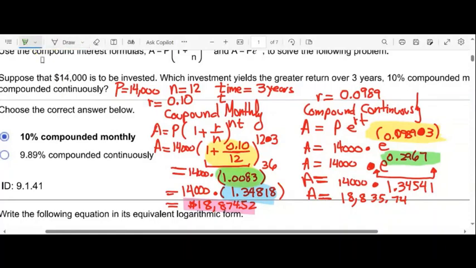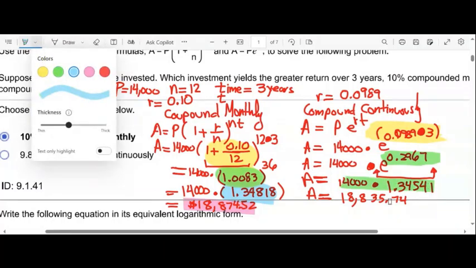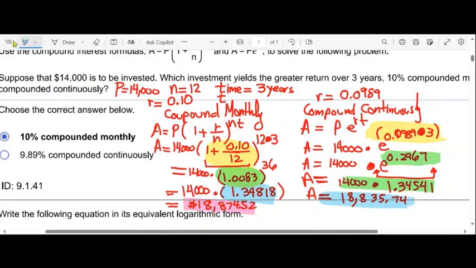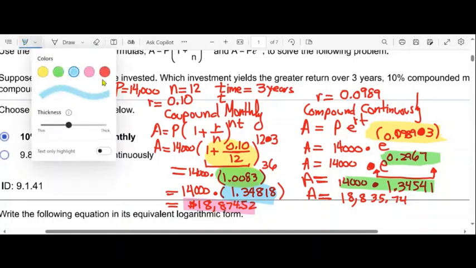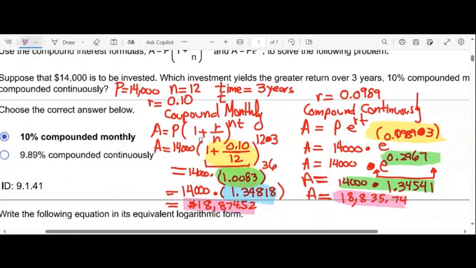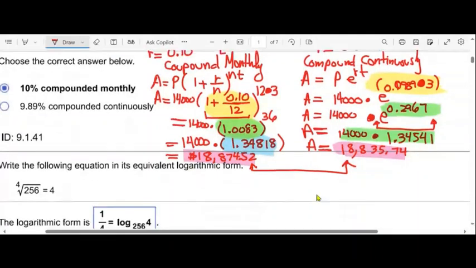Now you need to compare this answer to the other answer. Not in the calculator, just by looking. Is this better or this better? Which one is the best?